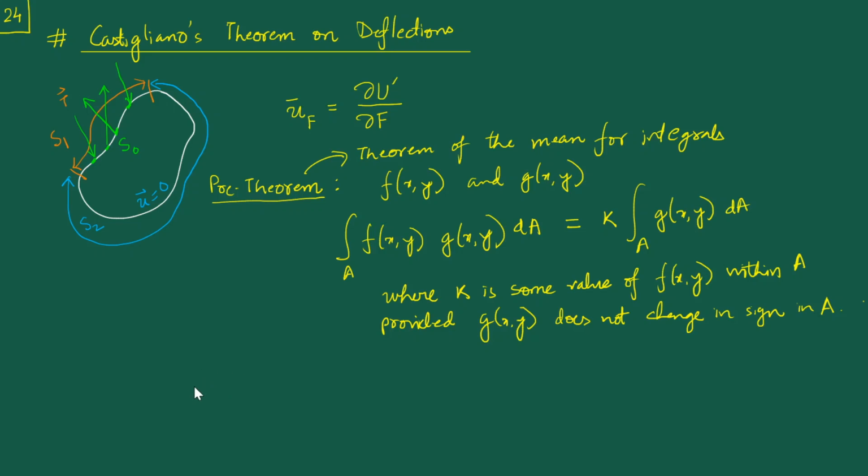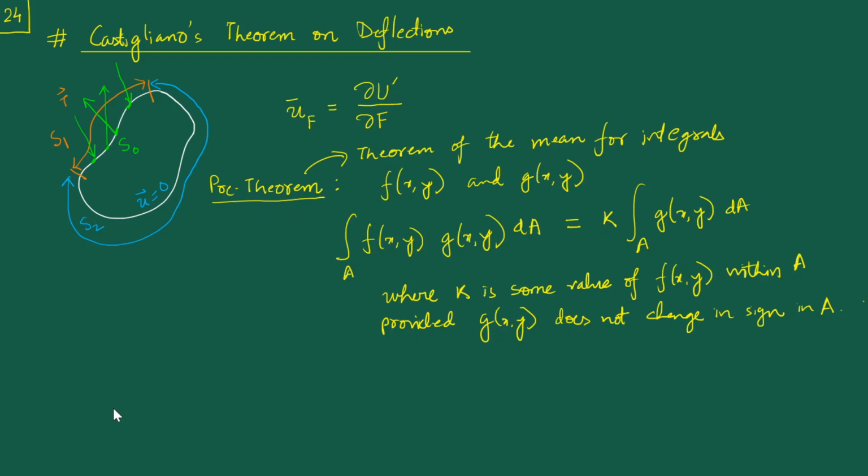Even though we had discussed in the previous lecture the modified complementary energy and the theorem associated with it, which will help us in this theorem, Castigliano's theorem on deflections, it is not that we are absolutely going to start from the expression, the first variation of capital psi is equal to 0. We're not going to start from that. Rather, the proof of that earlier theorem is going to help us.